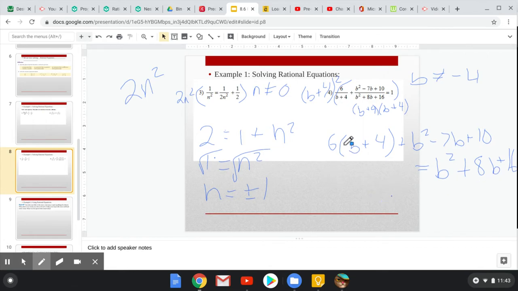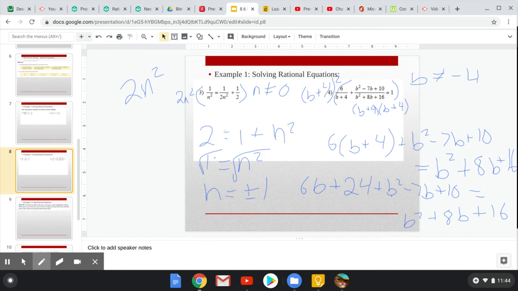Okay, so then the next step is going to be to distribute this. Distribute the 6. So we get 6b plus 24 plus b squared minus 7b plus 10 equals b squared plus 8b plus 16.